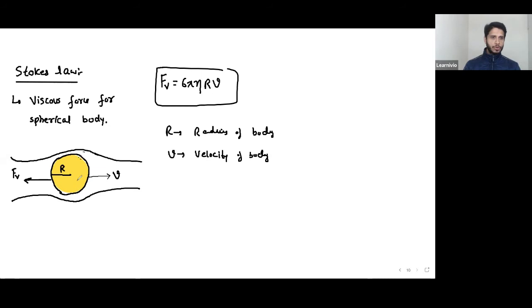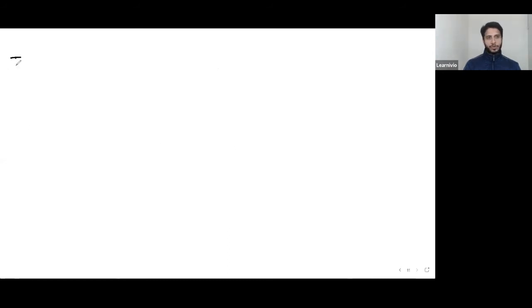So the viscous force which is acting over the body is 6 pi eta rv. Its direction is just opposite to the direction of velocity. Using this Stokes law, you can calculate terminal velocity.